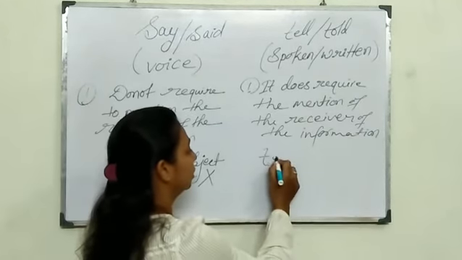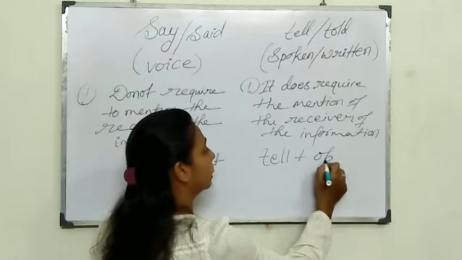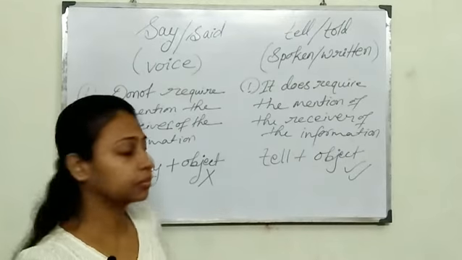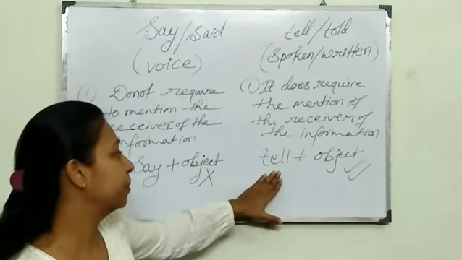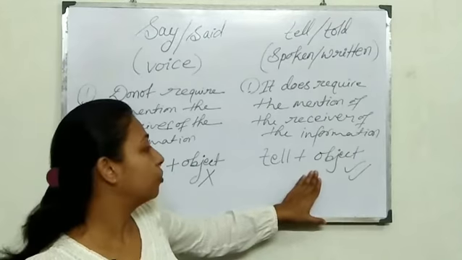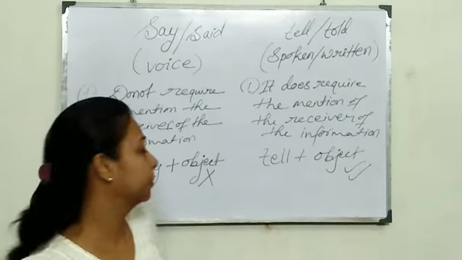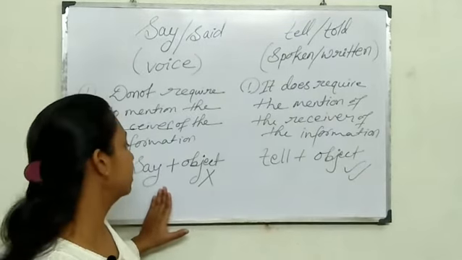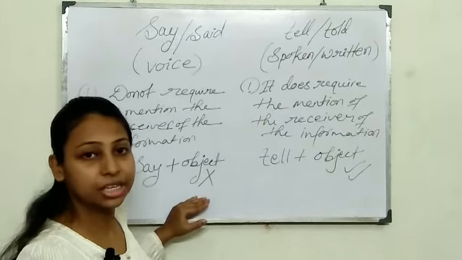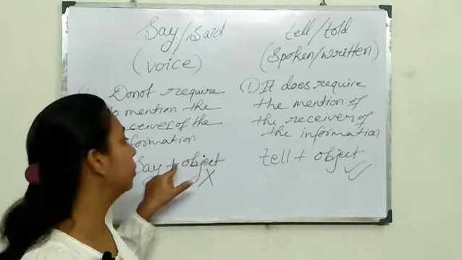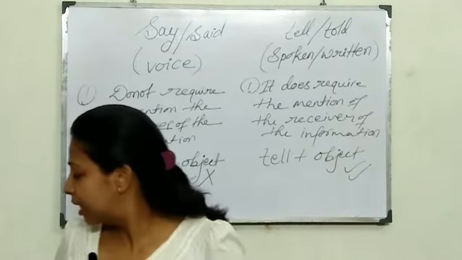On the other hand, tell plus object in a sentence is needed. That means tell as a verb in a sentence needs an object, it needs the object to be mentioned, and that object is the receiver of the information. And say and said do not take an object. With say and said there is no need to mention the object, the receiver of the information. That means to whom the information is being given does not need to be mentioned with say and said. So let's understand this with the help of examples.